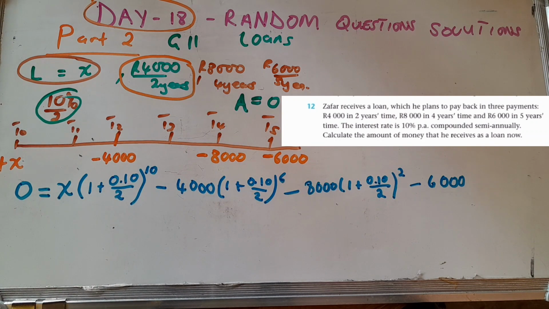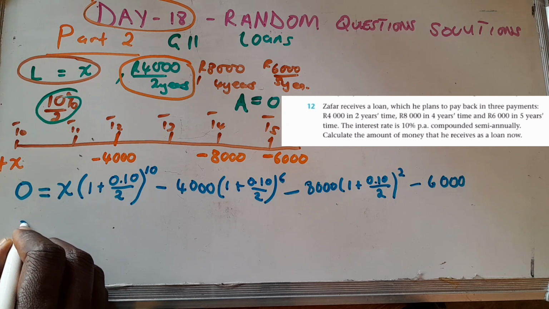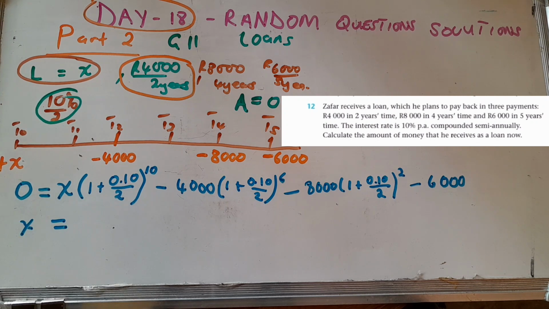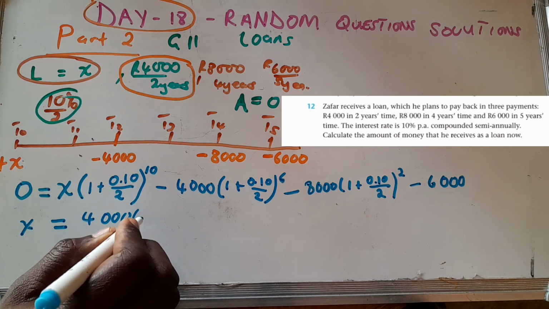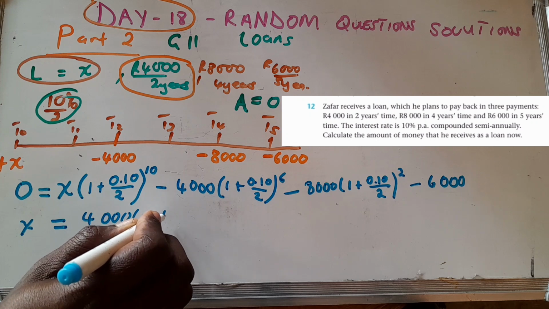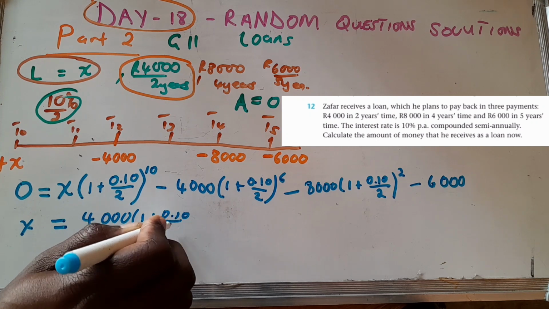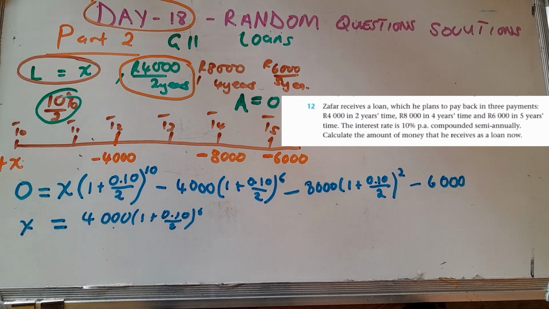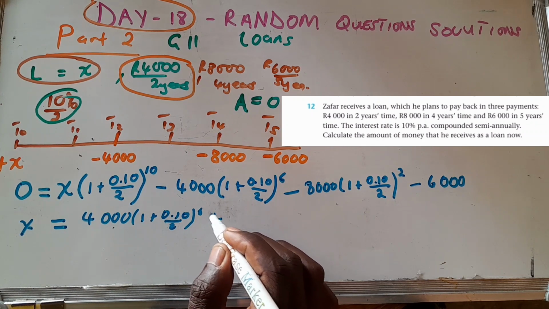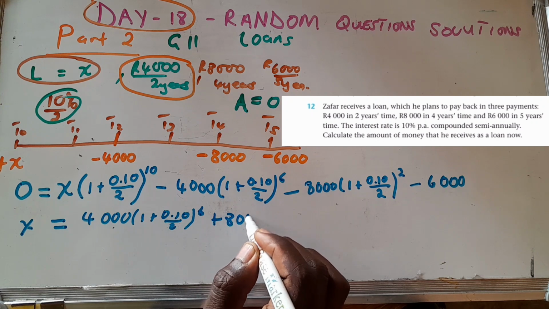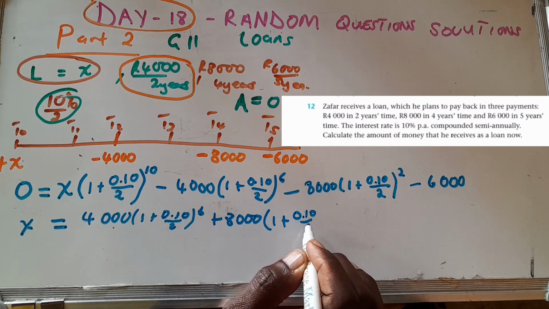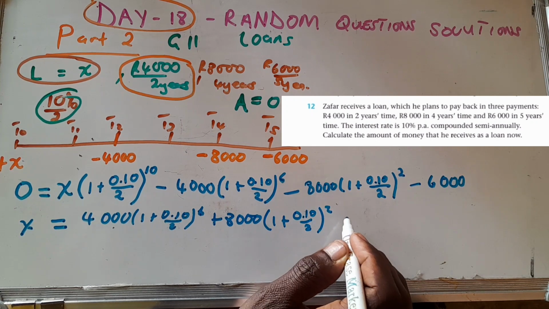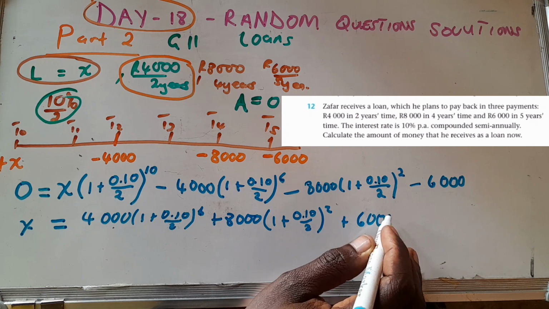But at the end, we are going to have a situation where x will be the same as 4,000 times (1 plus 0.10 divided by 2) to the power of 6, plus 8,000 times (1 plus 0.10 divided by 2) to the power of 2, plus 6,000.